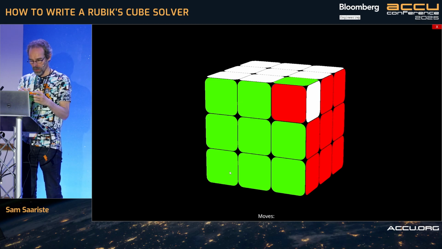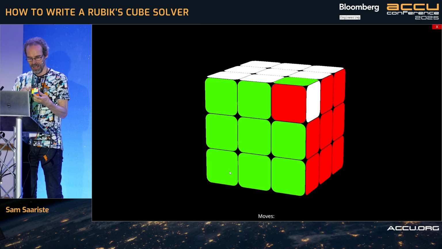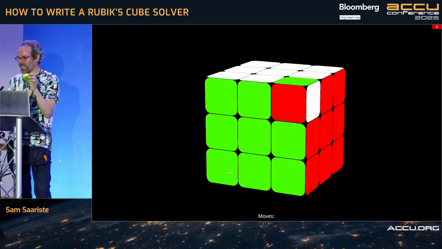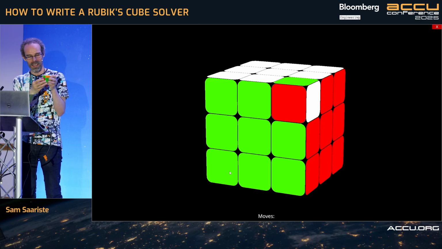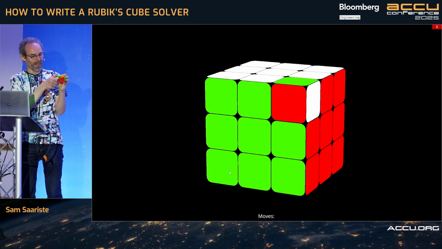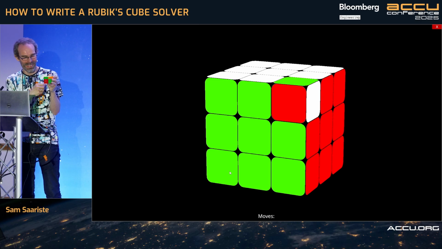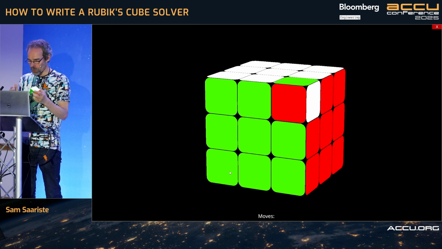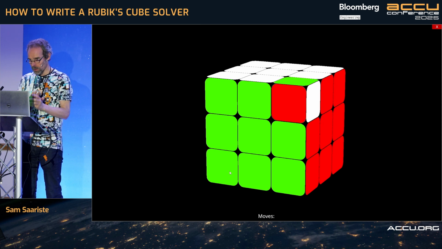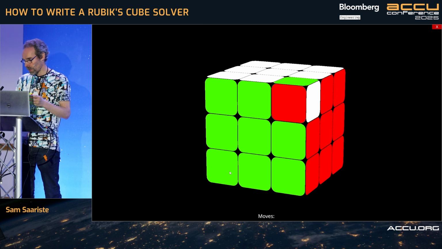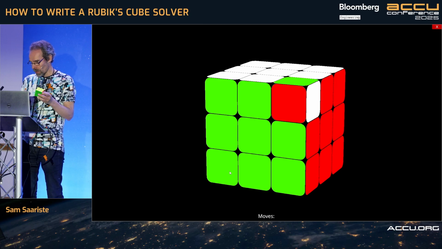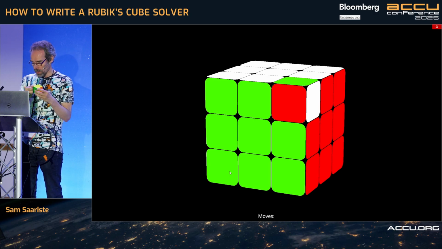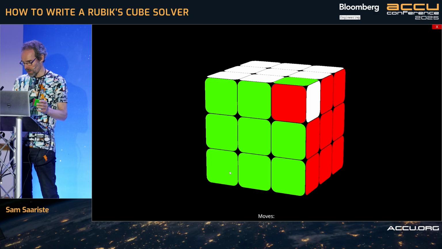Obviously, you're not allowed to twist one corner and then another to solve it. But if one got twisted and you stop the timer, it's a failed solve, a DNF, did not finish. You have to physically twist it into the correct position and then stop the timer.